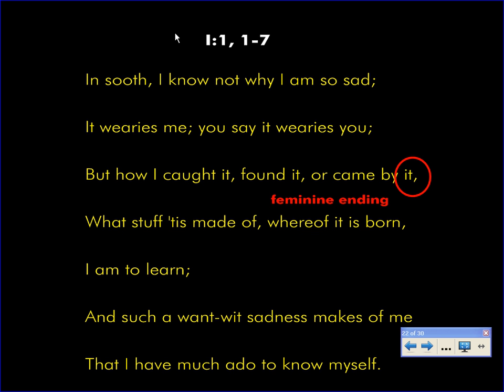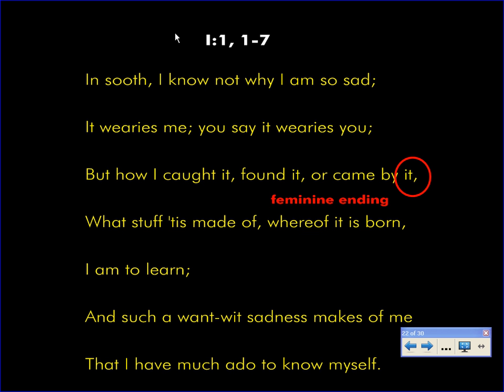And happy day when I see students on a test, and I saw this the first time I taught Shakespeare in this way, suddenly they're taking tests and they're doing this because they're trying to determine the perfection of the line. Line 3, but how I caught it, found it, or came by it. 11-syllable line. It's a feminine ending, it's imperfect, it's accepted.